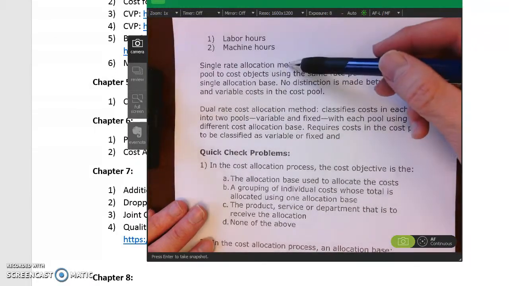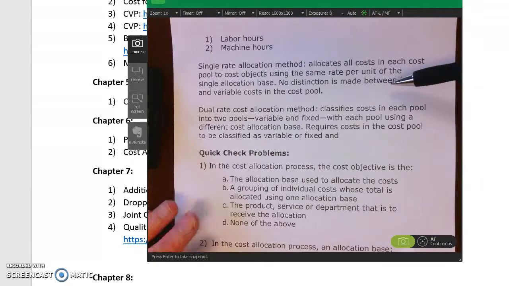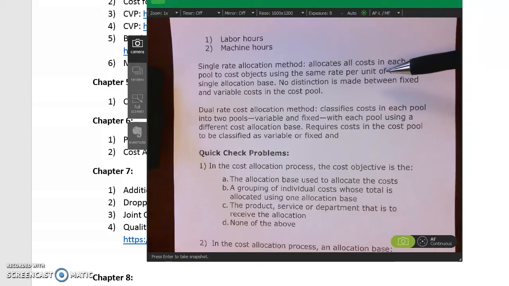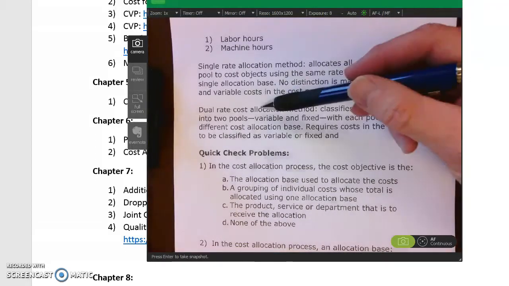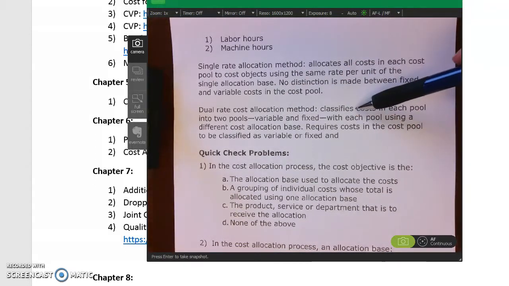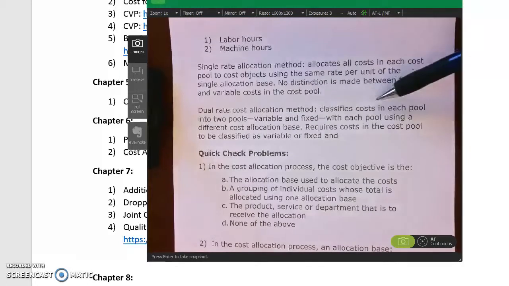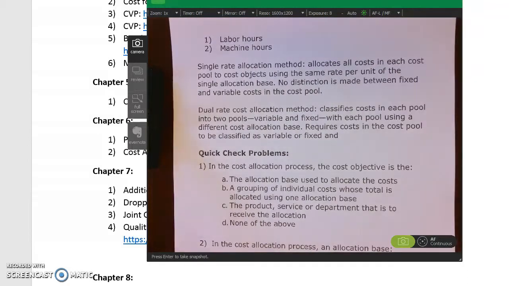We could do a single rate where we put all the costs, both variable and fixed costs, in one cost pool and allocate it out using one rate. Or what we could try to do, and this would be a better way to do it, is to classify the costs in the cost pool by variable or fixed and then allocate them out differently based upon whether they're variable or fixed.